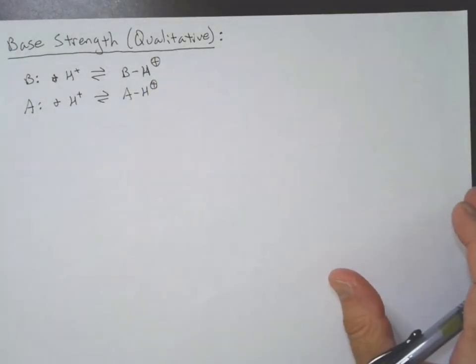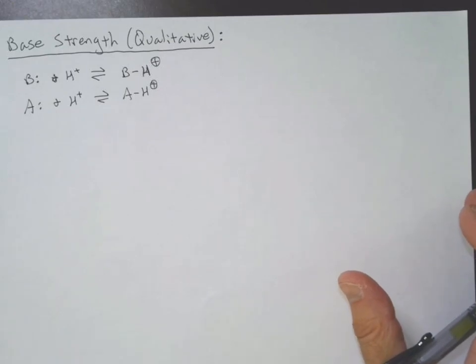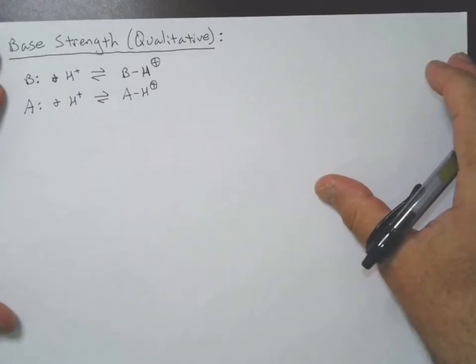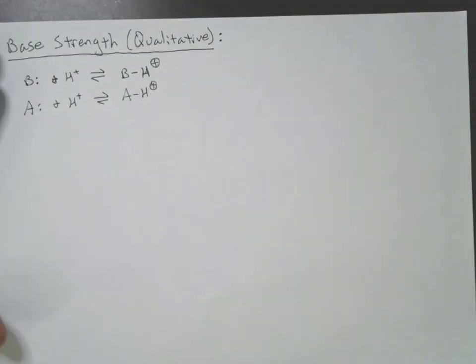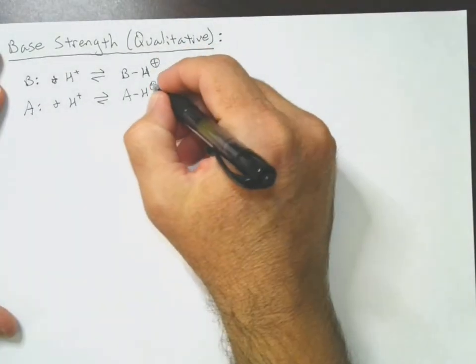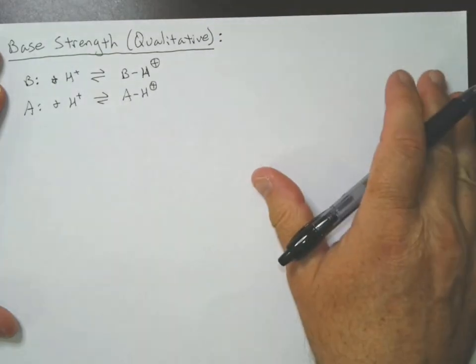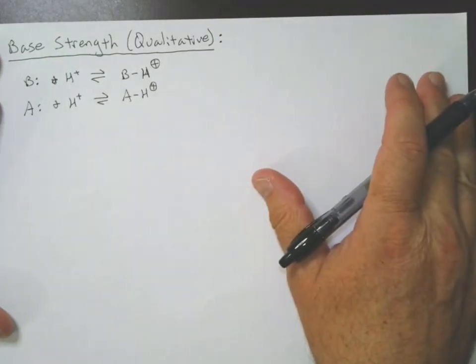And so the stronger base, just like we saw with the acids, is going to have the more stable conjugate species.